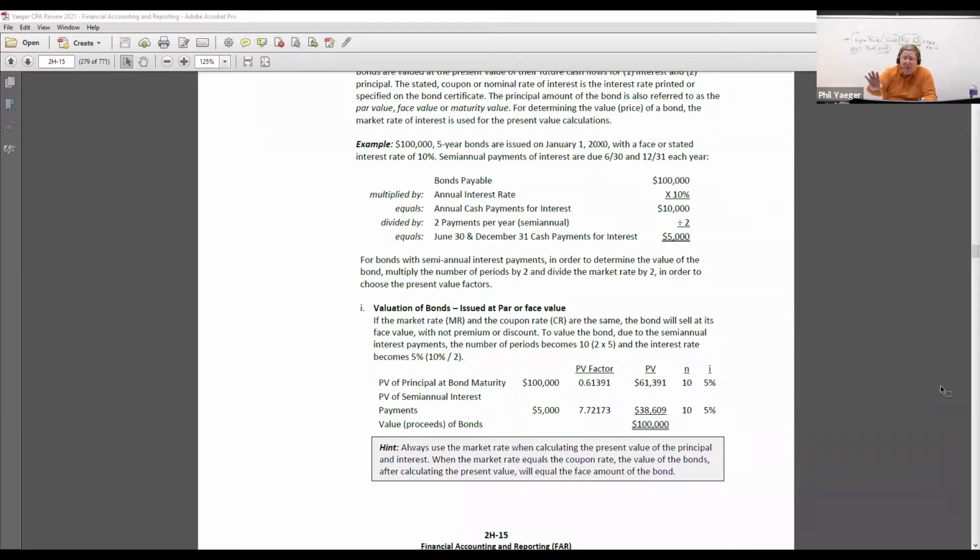Sorry, 5% semi-annually, 10% annually. Do you see that? So we get a total of 0.61391.